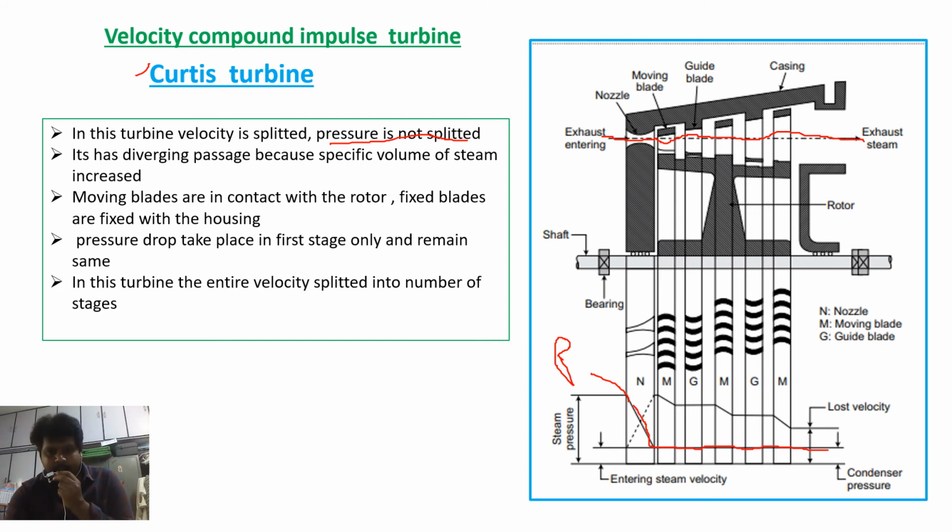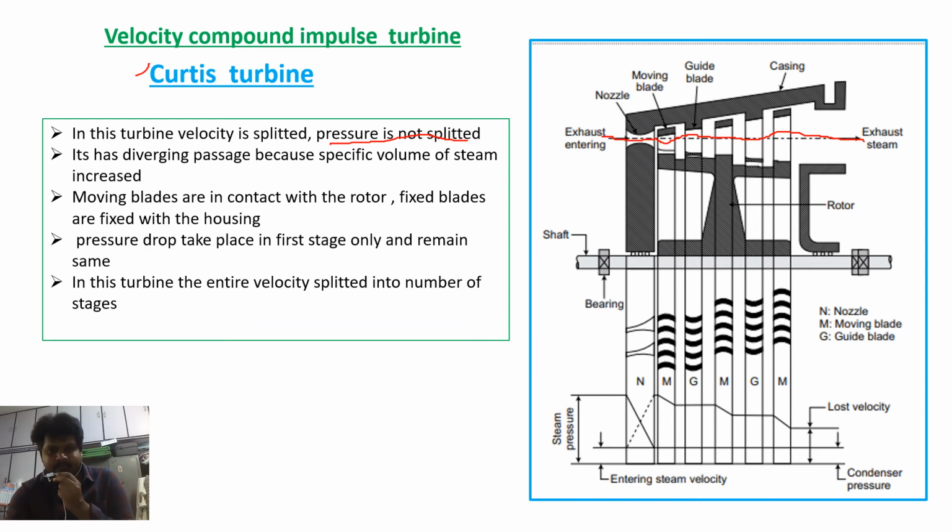As you can see here, there is a gap between the moving blade and guiding blade, and also a gap between the moving blade and nozzle. In this gap there is no change in the pressure and velocity.